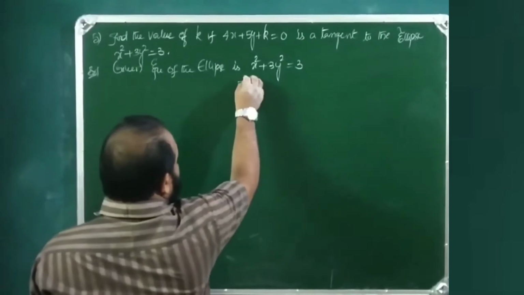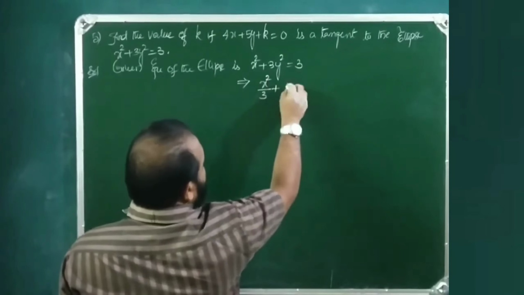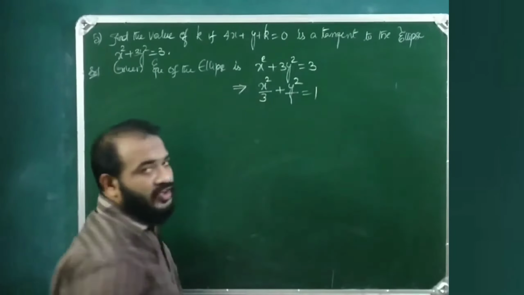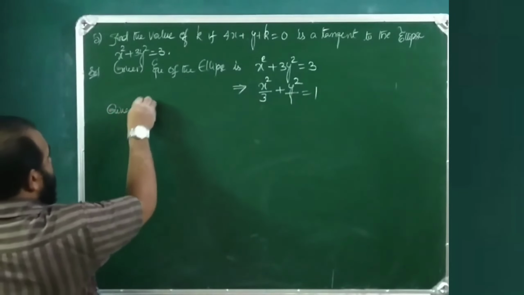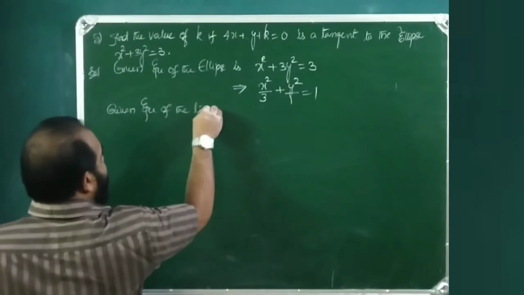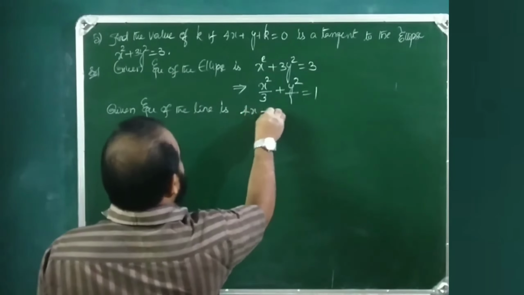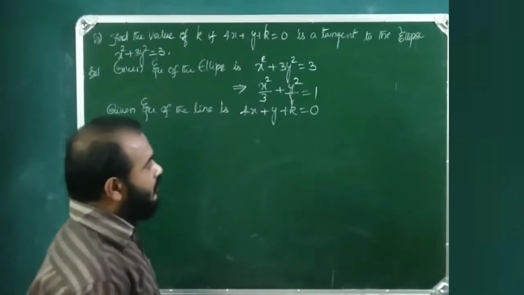So if we divide with the 3, then this is x square by 3, 3y square by 3 is y square by 1 equals to 1. Dividing with 3 on both sides. So given equation of the line is 4x plus 5y plus k equals to 0.